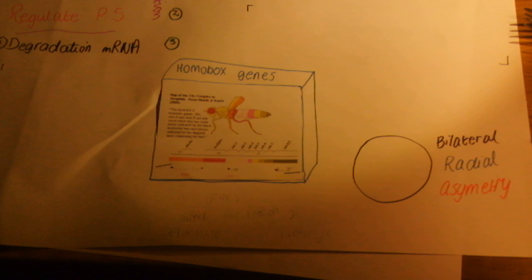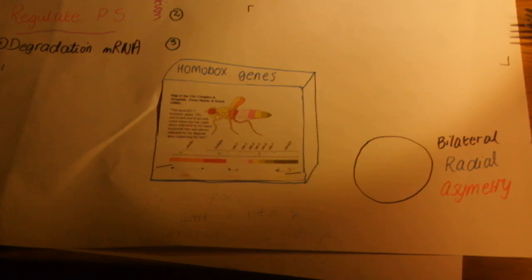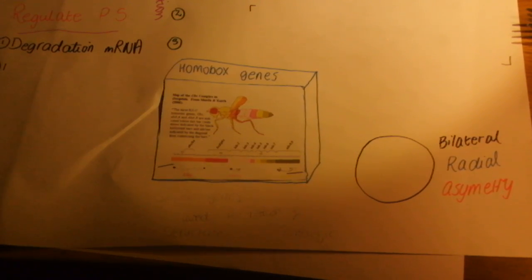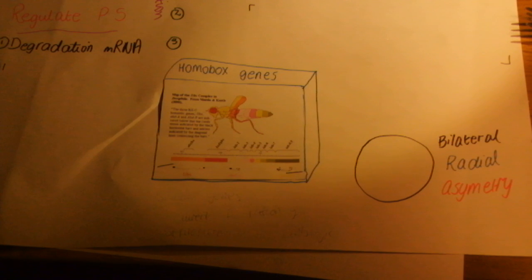So the following are the mechanisms that regulate the process of protein synthesis. Protein synthesis is quite a long mechanism, which I will go through in another video, but there are a few mechanisms that regulate this process.